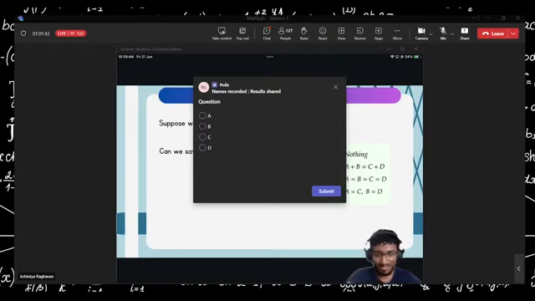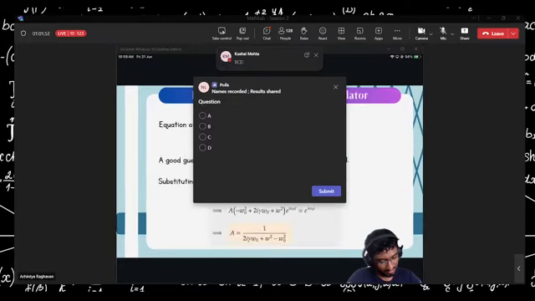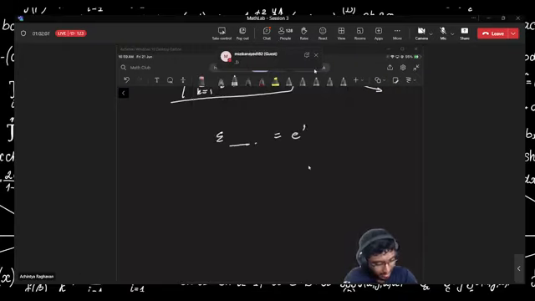While the poll goes on, someone asked me to explain forced oscillation. Basically, the idea behind forced oscillation is that you are given some differential equation equal to e power i omega t. The forcing term is this.